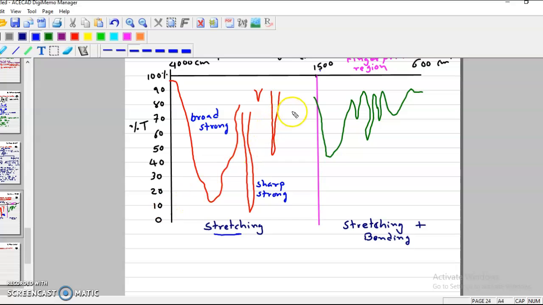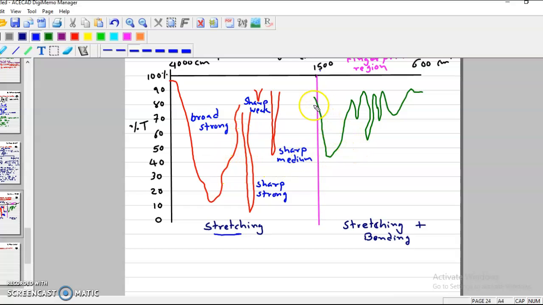Similarly here you can see a very sharp band, but this band is nearly 50% transmittance, and therefore we call it sharp but medium band. And here you can see a very small sharp peak, which has transmittance below 80, therefore it is called sharp but weak.